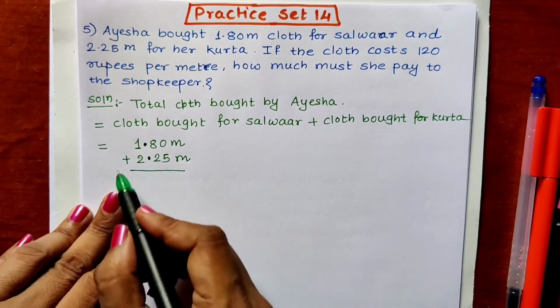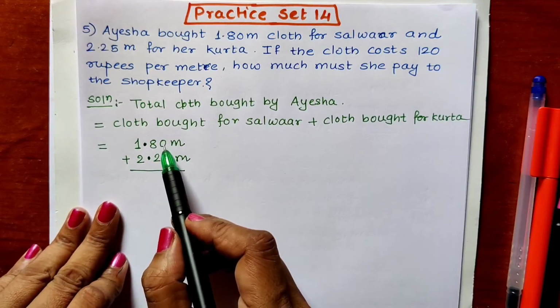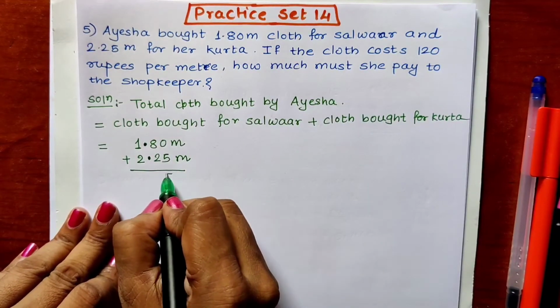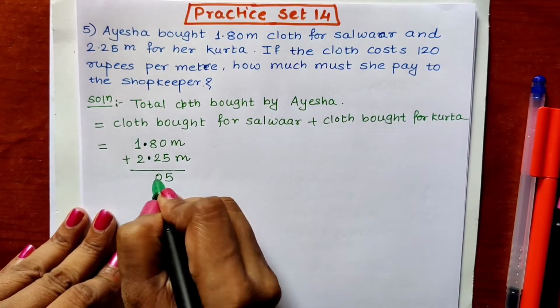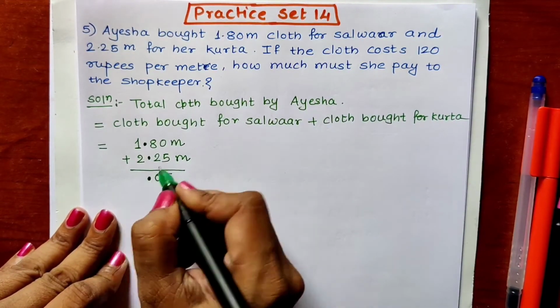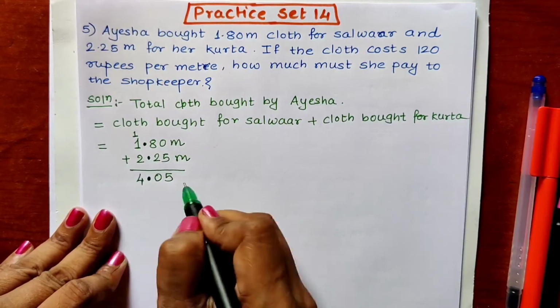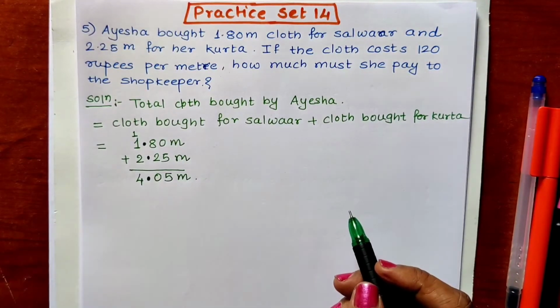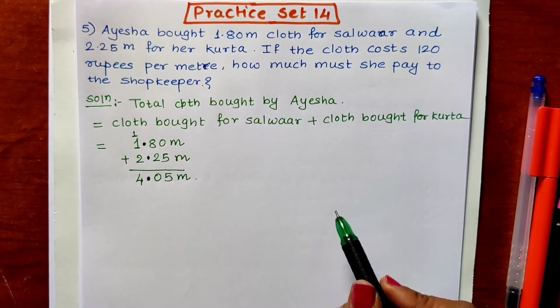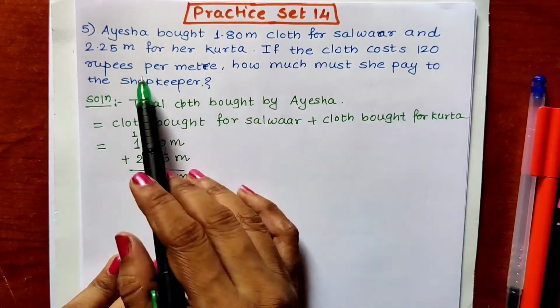So she has bought together how much cloth? Let us add. 0 plus 5 is 5. 8 plus 2 is 10. 0 written. 1 carrying. So 1 plus 1 plus 2 is 4. So 4.05 meter cloth she bought all together. Now the cost of cloth is 120 rupees per meter.